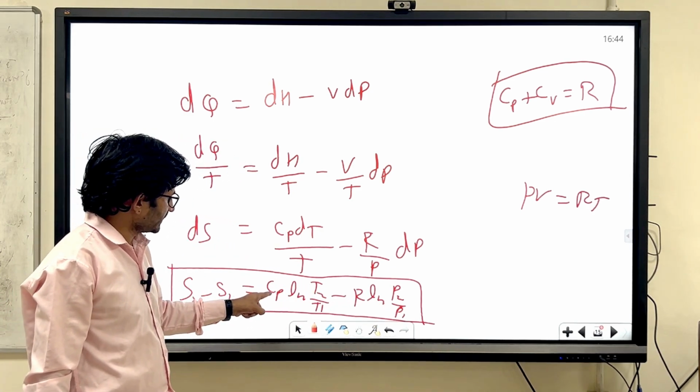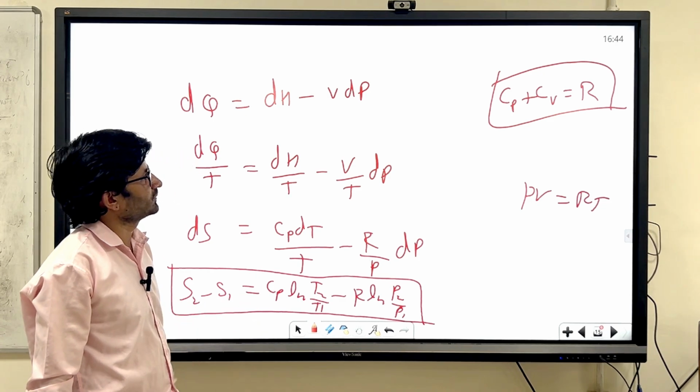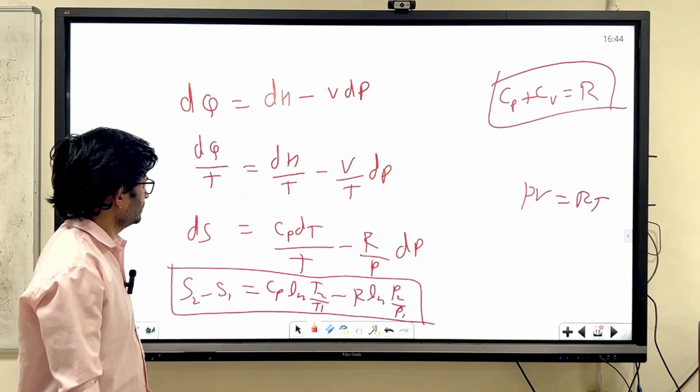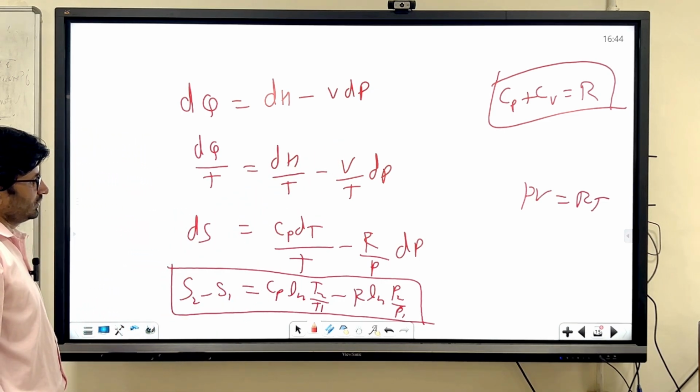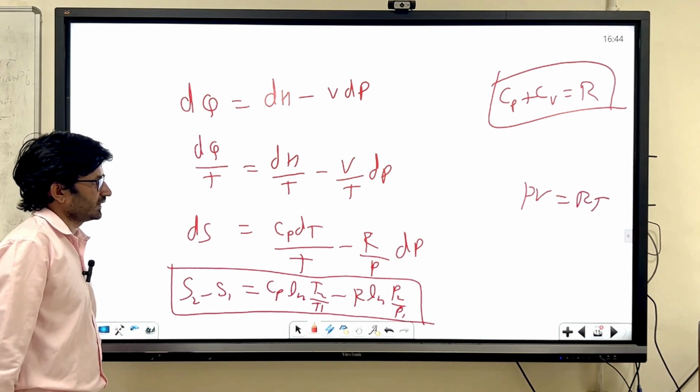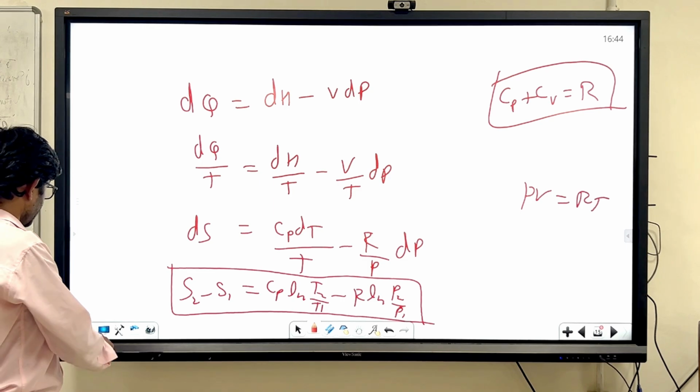In the last expression you have Cv, but here Cp. So what is the relation between Cp and Cv? Cp minus Cv equal to R. I will tell you the significance of what so far we have derived here.